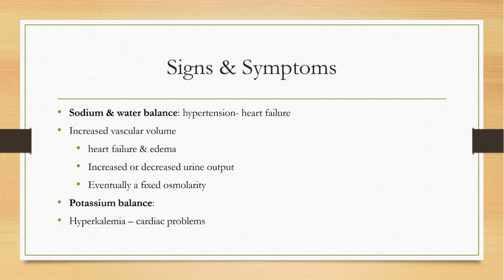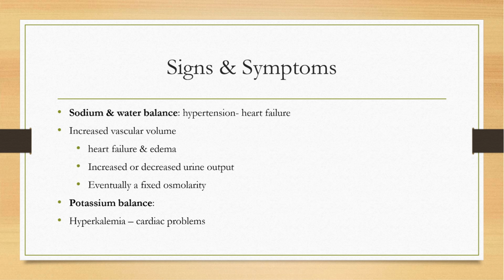If you flip back to page 1109, it talks about the issues with electrolytes, and the biggest one is potassium. Once again, the kidneys are damaged, unable to clear the potassium as they're supposed to, and so it builds up. The patient develops hyperkalemia, which is defined as a potassium greater than 5.